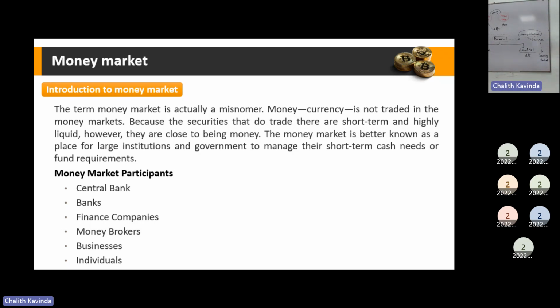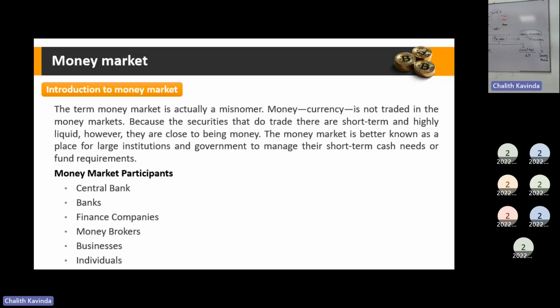For example, let's say you have 1 million worth of cash and you keep it in a cash box. After 1 week, you open it and the 1 million is there as it is. But if you invest it for 1 week, it will generate an additional return as well. So that's the beauty of this money market.